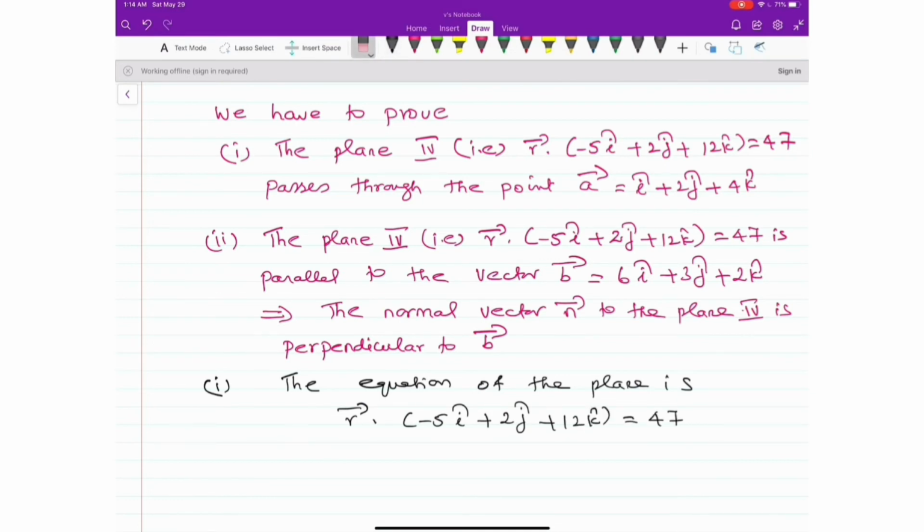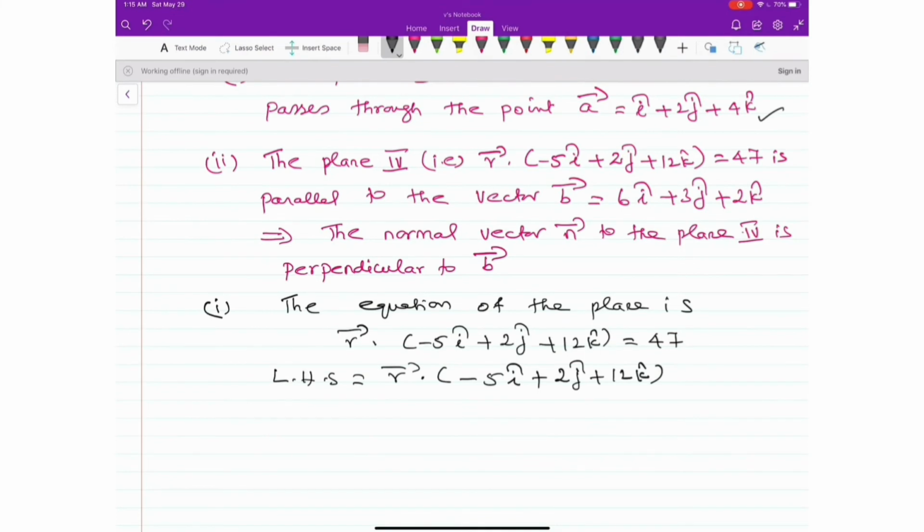See, we have to prove that this particular plane passes through the point with the position vector A. Or in other words, I have to replace this vector r by vector A. In that case, the equation of the plane should be satisfied. Let us verify that fact. Consider LHS. What is LHS here? Vector r dot minus 5i cap plus 2j cap plus 12k cap.